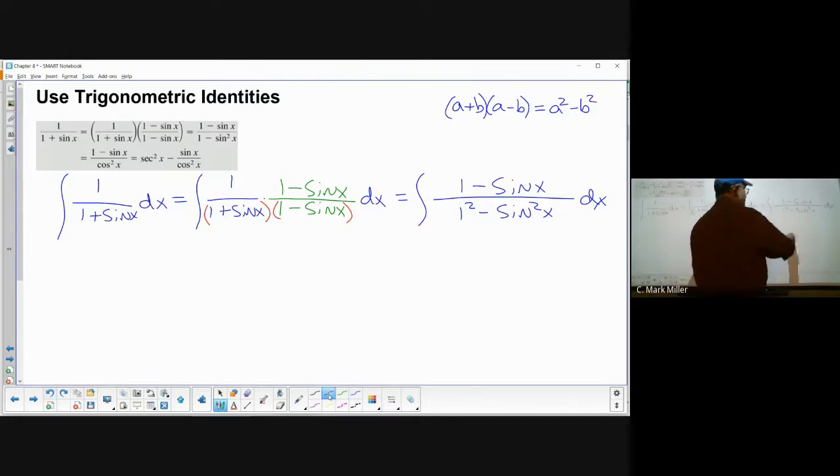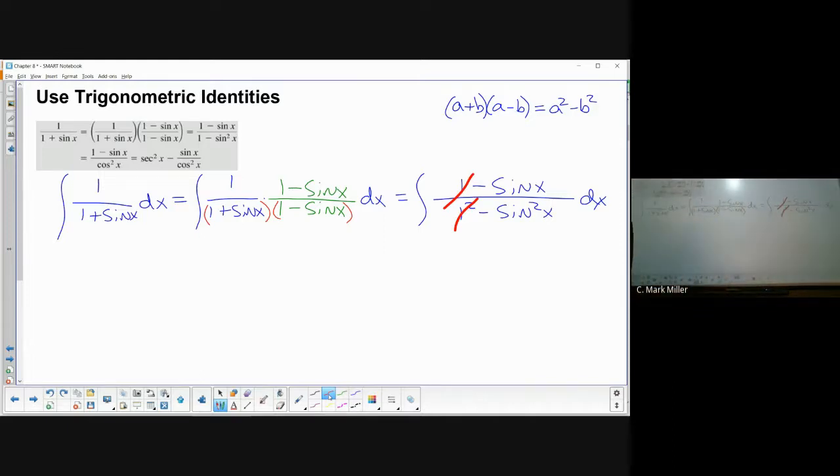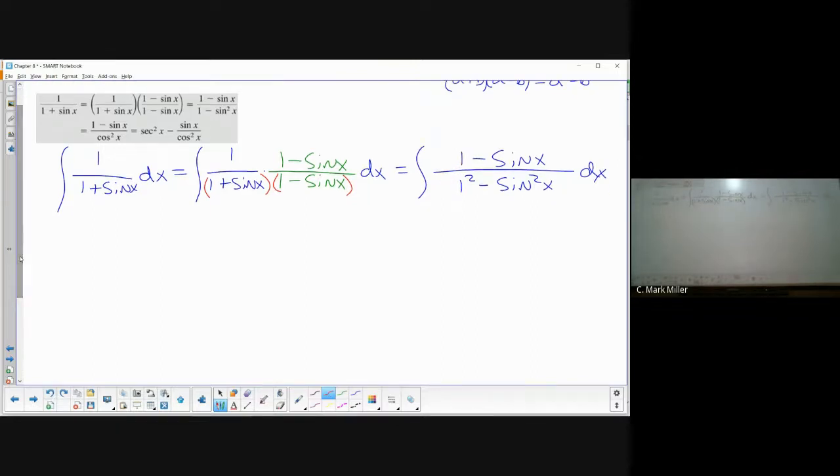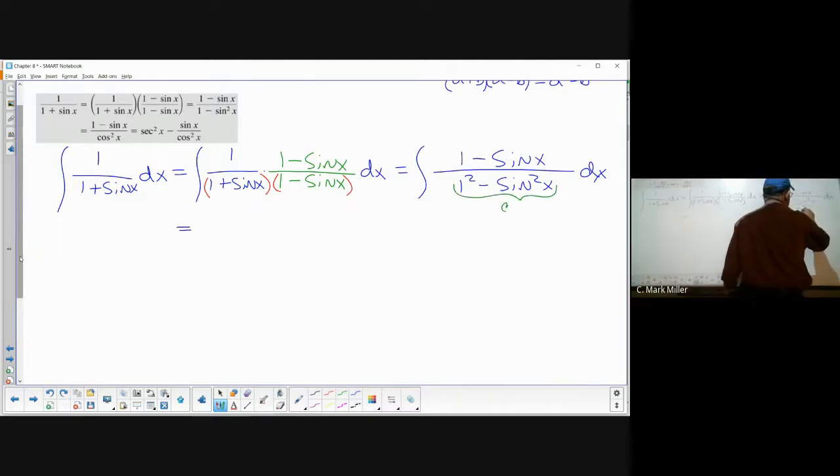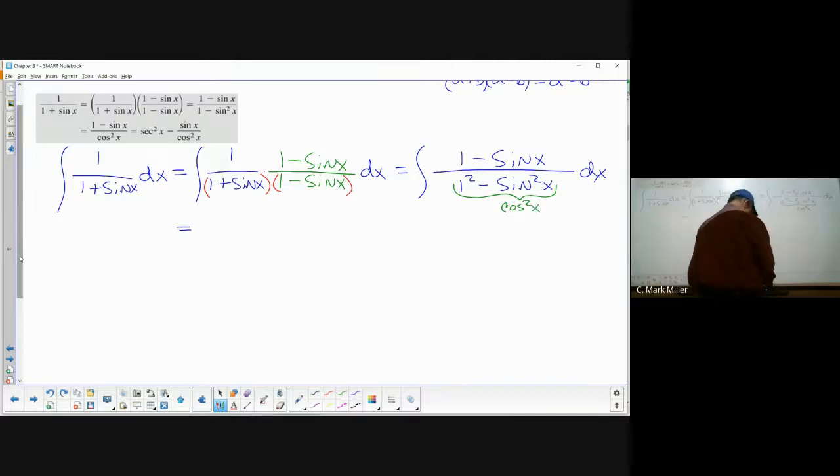No, you cannot do this. Every time you do that, a kitten dies. You can't cancel terms. You can only cancel factors. Well, that denominator equals cosine squared. Sine squared x plus cosine squared x equals 1. So 1 minus sine squared is cosine squared.